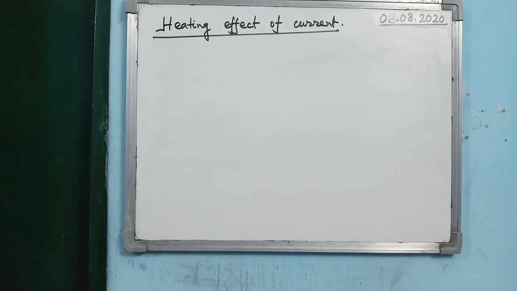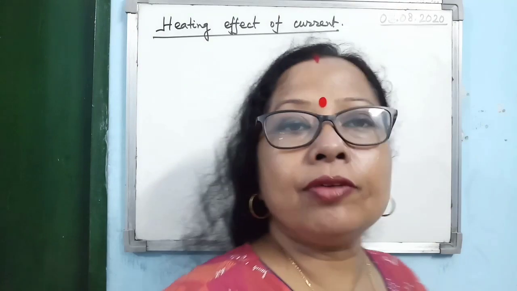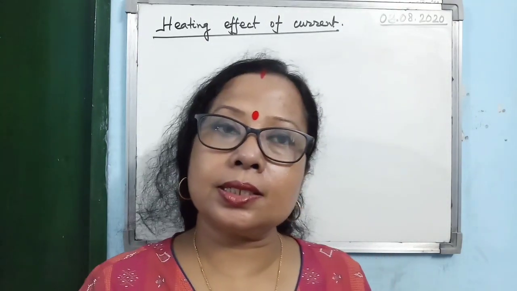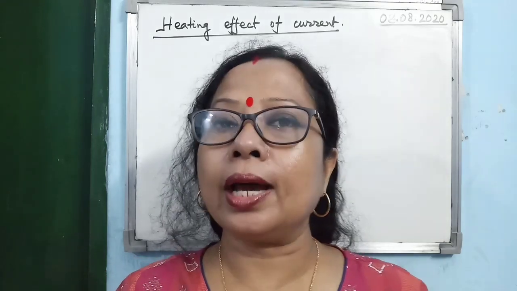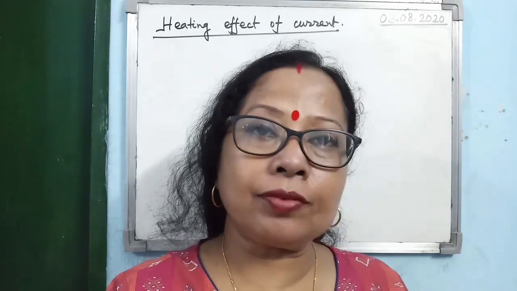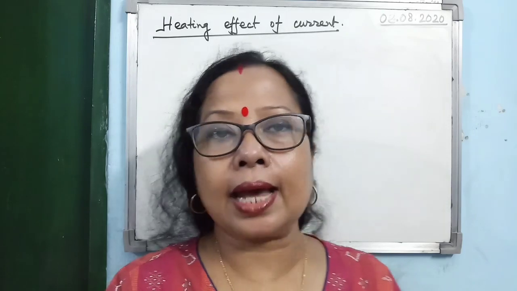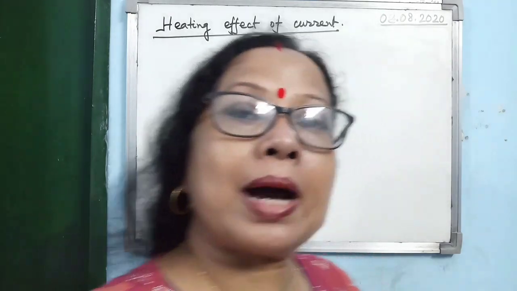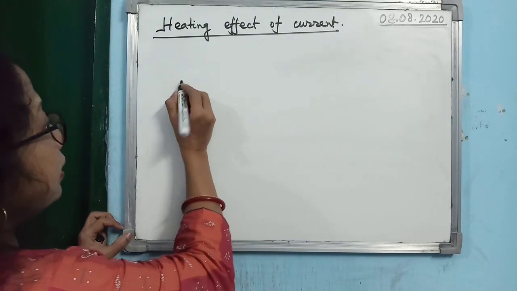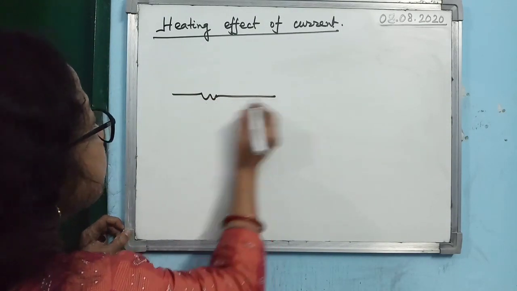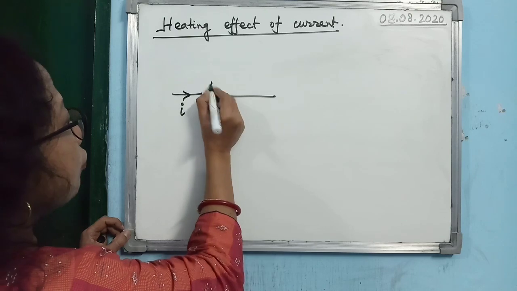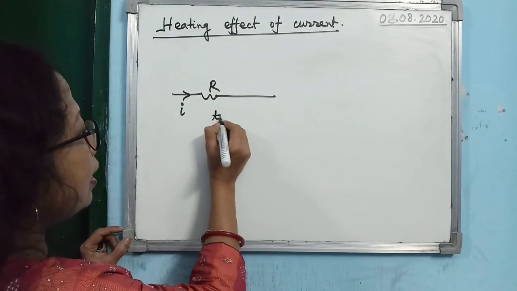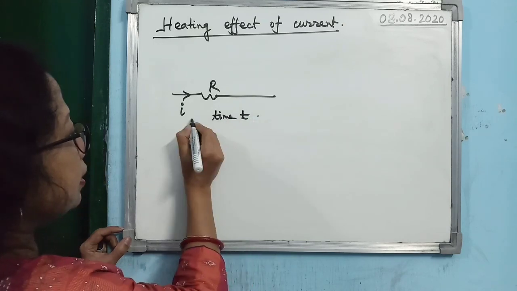Now we have this common experience that whenever current passes through electrical appliances, for example when current is passing through a tube light, after some time if you touch the tube light, you will see that it becomes hot. What does it mean? Whenever current passes through a conductor, heat is produced. Let us consider that a current I is passing through a conductor of resistance R for time t.